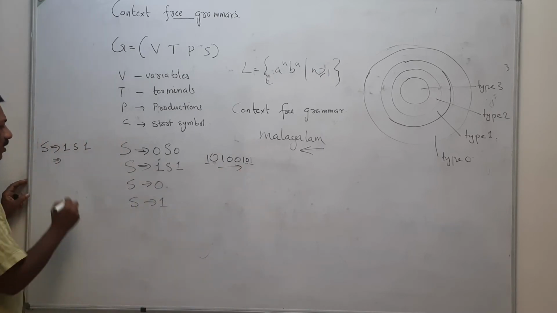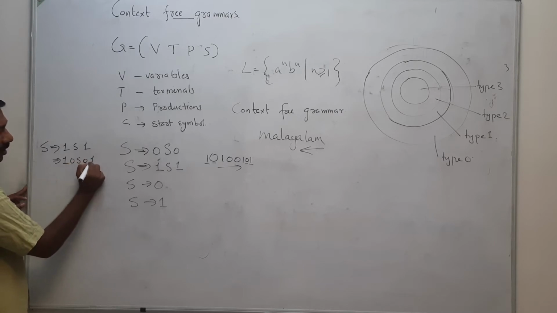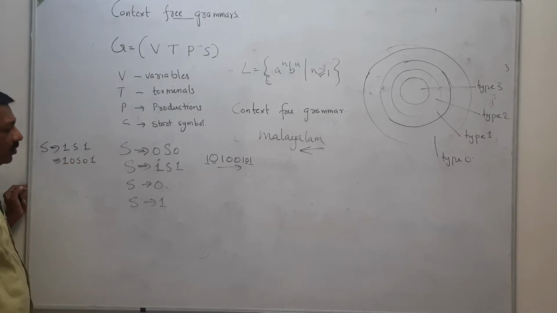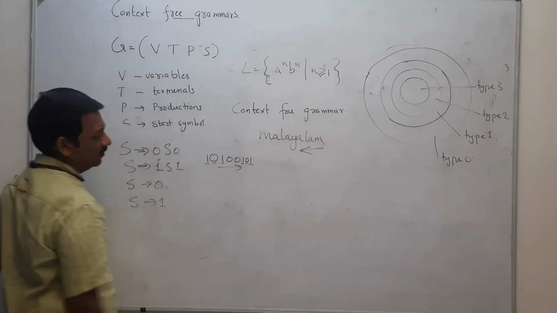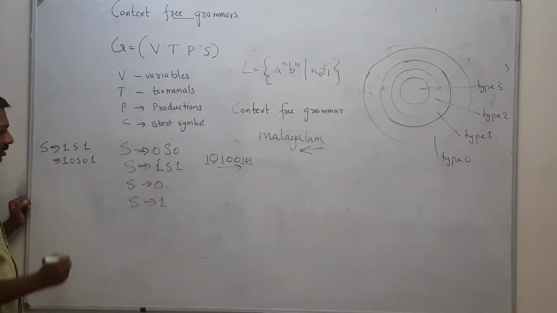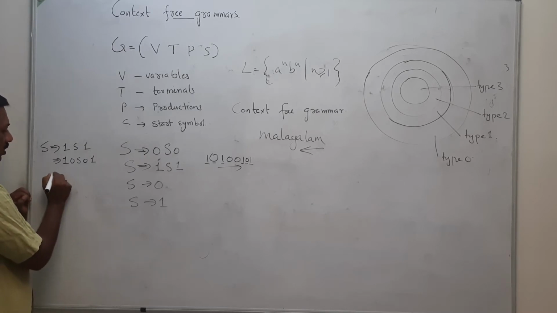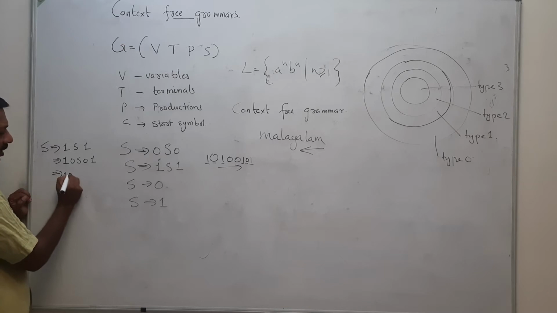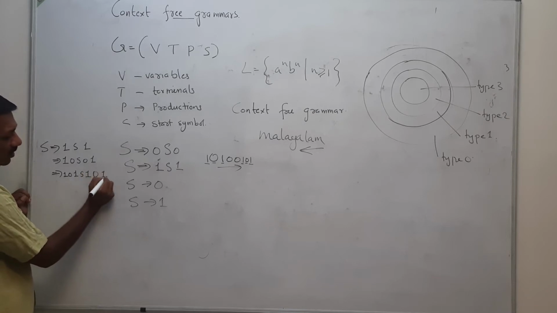Okay. Now 1 0 S 0 1. Now from this S you are going to generate this one and this one. That is 1 0, and this S you are going to generate 1 S 1 and 0 1.